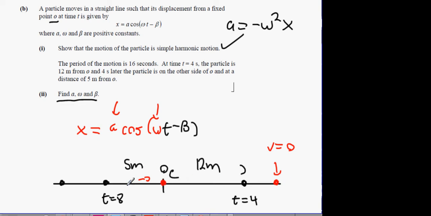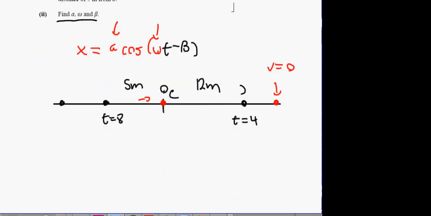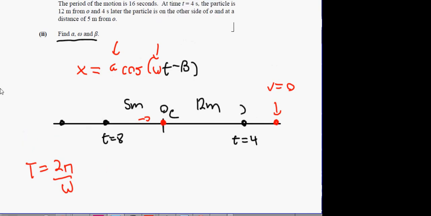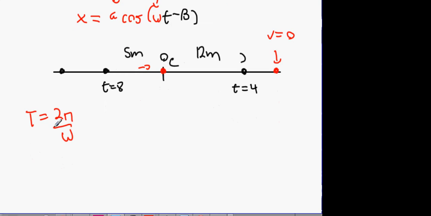Now the formula is x equals a cos(wt minus b), which is perfect. Now the period of our motion is 2 pi over omega. And it says the period of motion is 16 seconds. So 2 pi over omega equals 16.